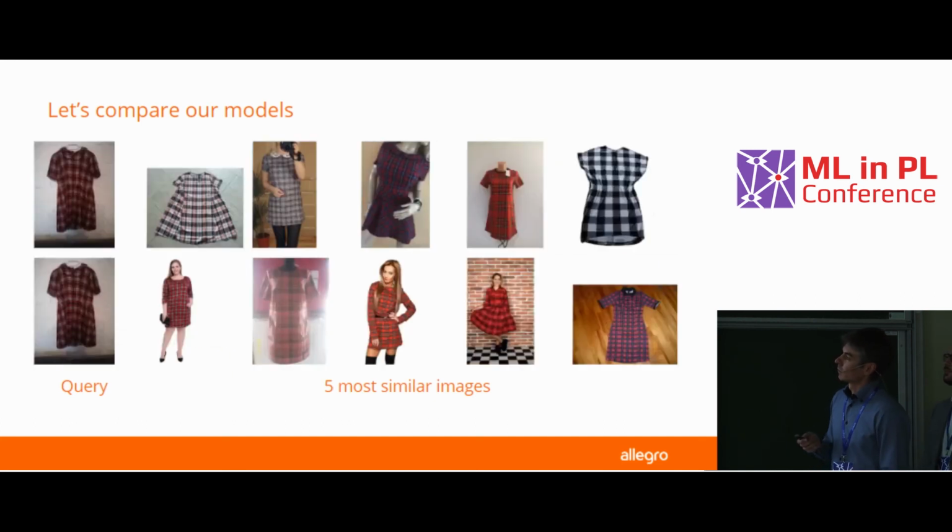Similar here. We have found some dresses with a similar checkered pattern in a similar color, but also here we have in the results dresses with long sleeves, and in the query the dress was with short sleeves.